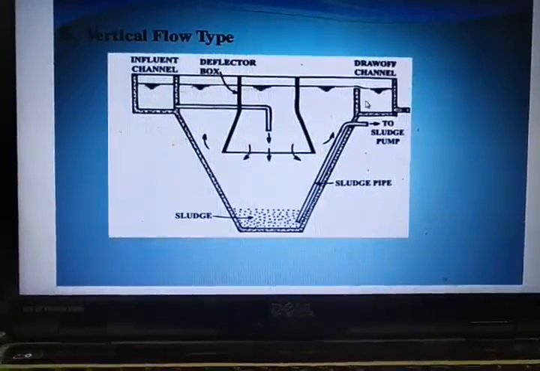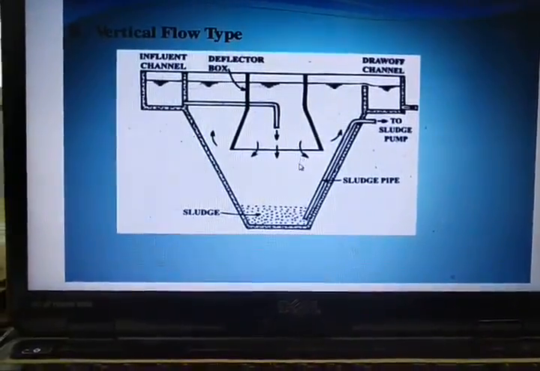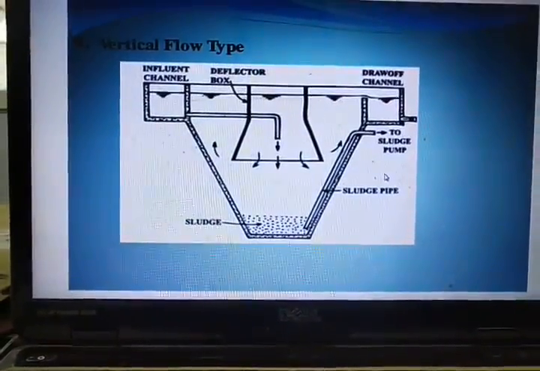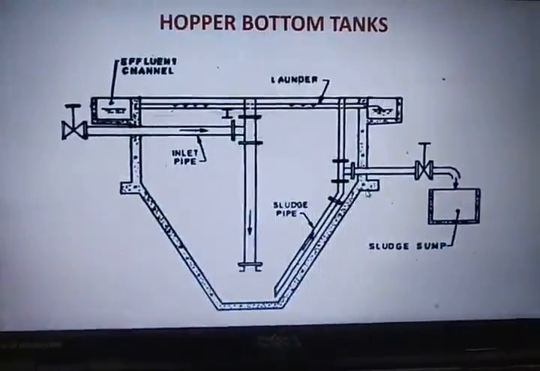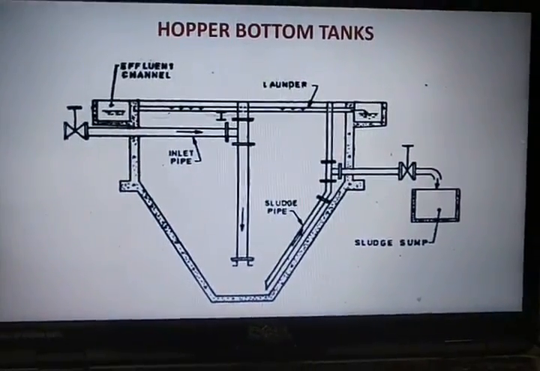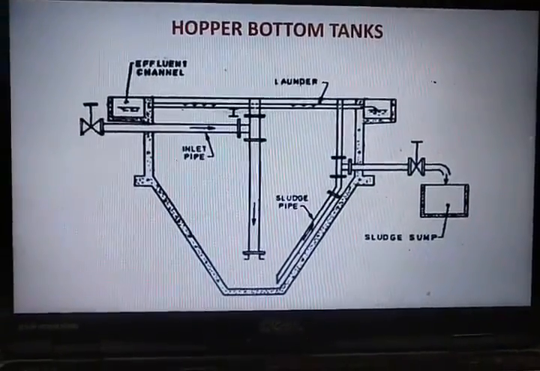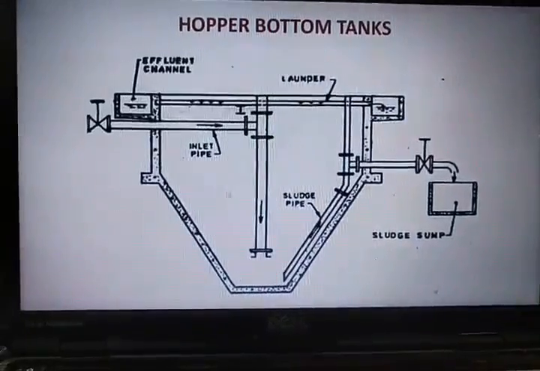And this is the outlet area, and this sludge pipe can be used to pump the sludge out from the bottom of the sedimentation tank, okay. So this is another kind of hopper bottom type. Like in the previous slide we saw what is meant by hopper bottom.